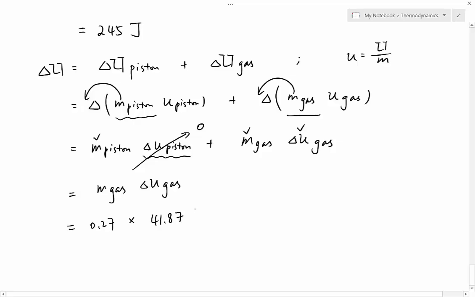Remember, this is given in kilojoules per kilogram, so we need to convert the non-SI one, which is kilojoule, to SI, which is joule, by times 10 to the third. Okay, so our solution is 11.34 times 10 to the third, SI unit joule. Okay, so that is my delta U.